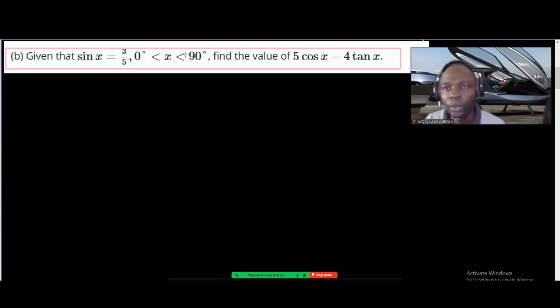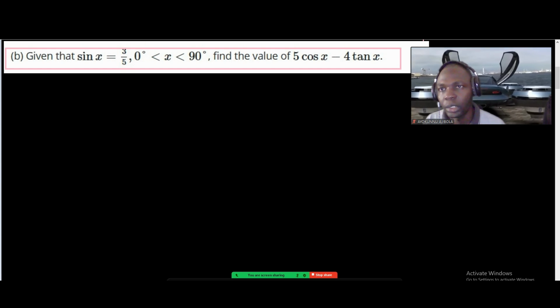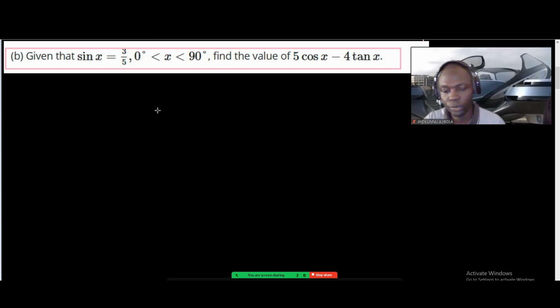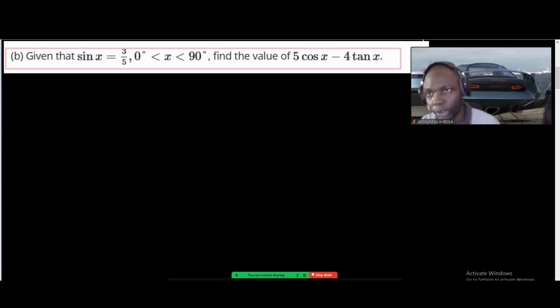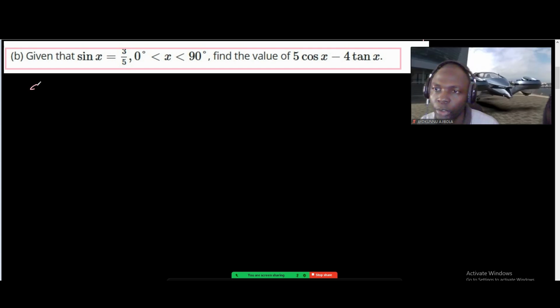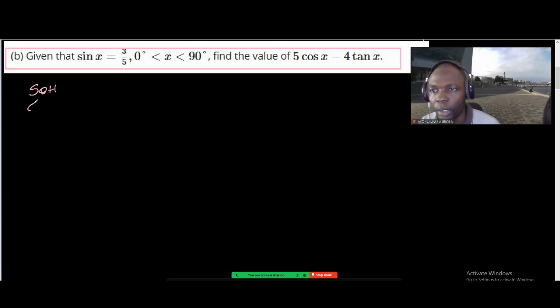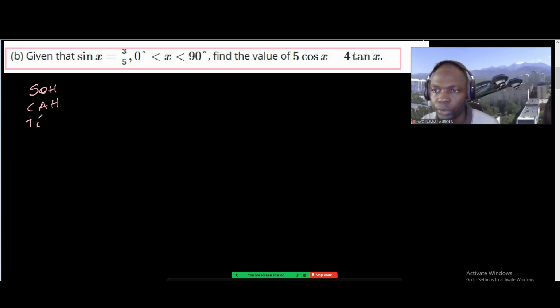So here, what we're going to do is to try to represent all of the details given in a right angle triangle. And how can we get that done? You should be familiar with SOH, CAH, and TOA.